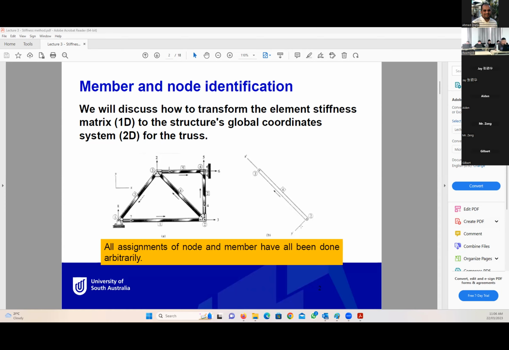Y bar is also different from the global axis and it is perpendicular to the member. Okay, in this lecture we need to know how to convert from local axis to global axis, or how to construct the global coordinate system for the truss.